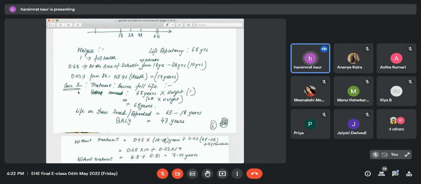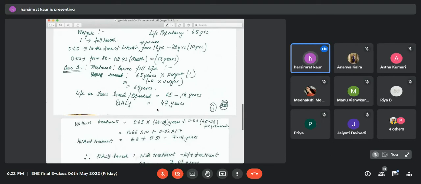So suppose I go for the treatment, okay? If I go for the treatment, they are saying the treatment is fully successful. I would have a full life expectancy, that is 65 years. So the quality-adjusted life that I have is 65 years into the weight. So 65 into 1 becomes 65 years. So ultimately, how many years am I able to expand?